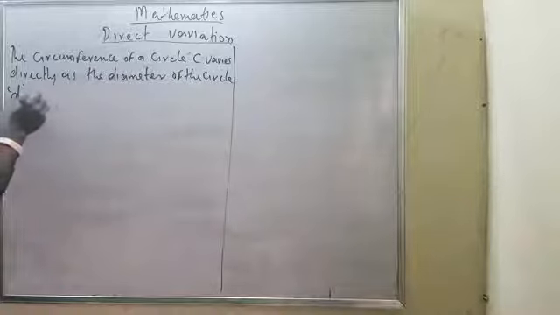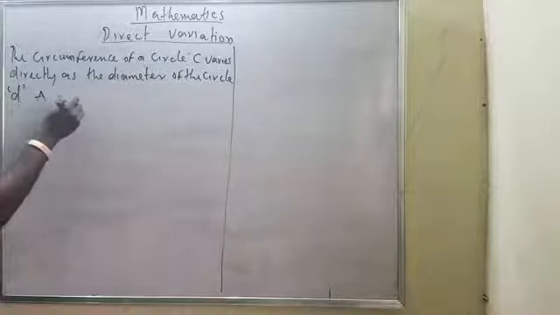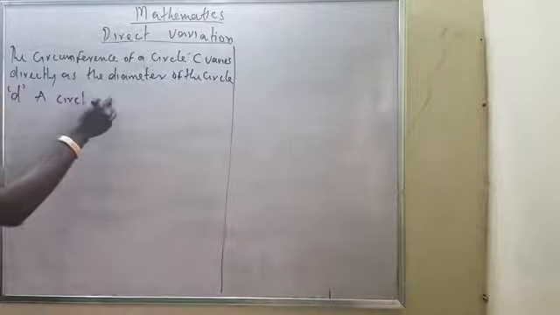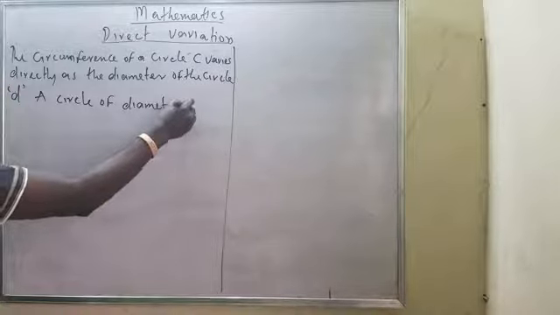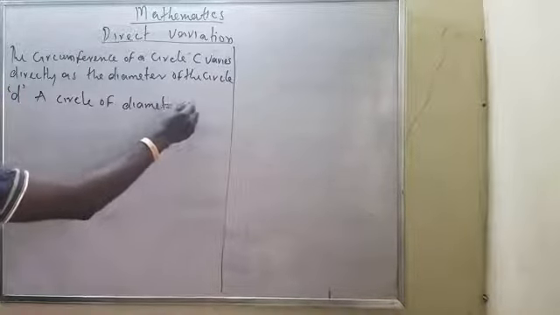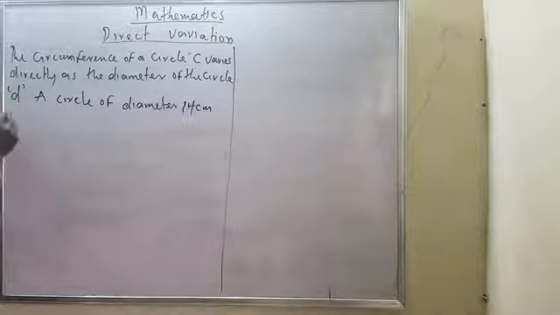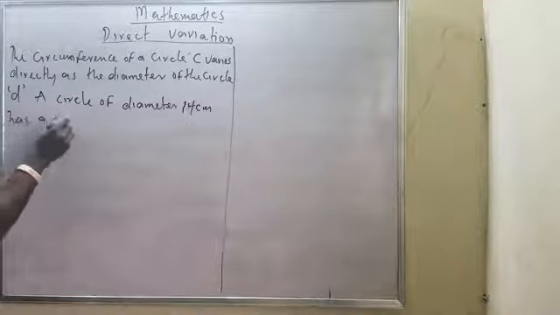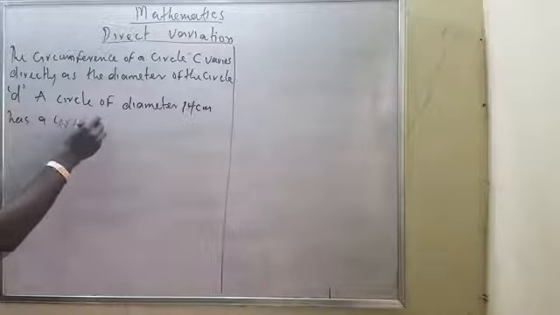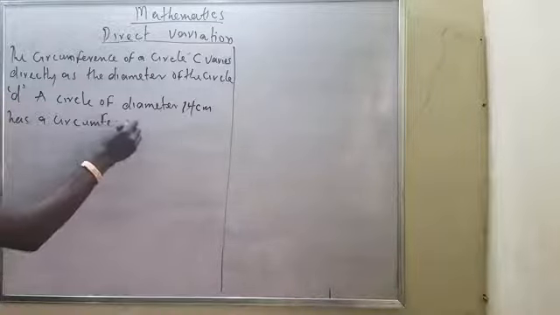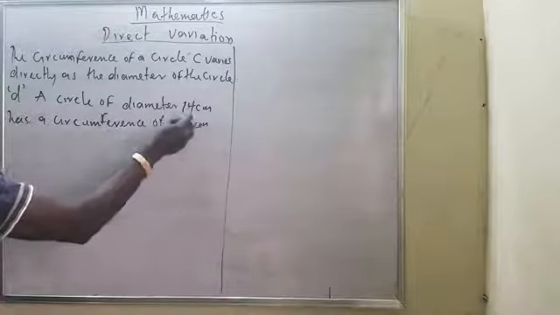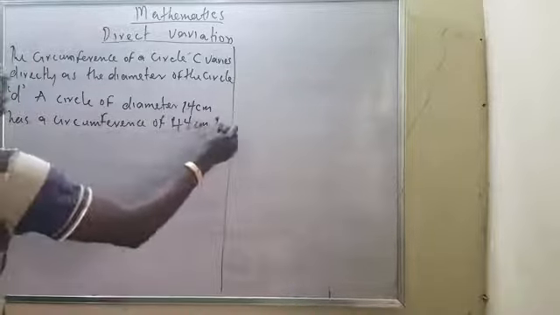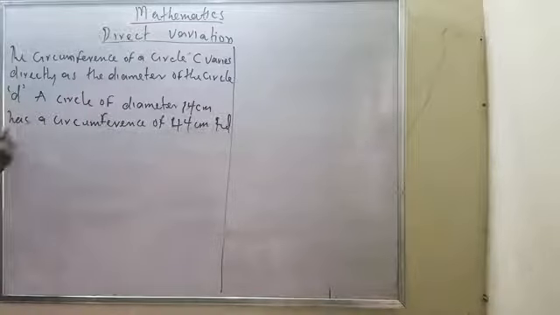A circle of diameter 14 centimeter has a circumference of 44 centimeter. Find A.